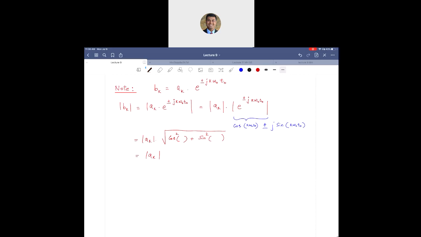So let's write that summarizing statement here. Time shift or horizontal shift operation doesn't change the magnitude of Fourier series coefficients.